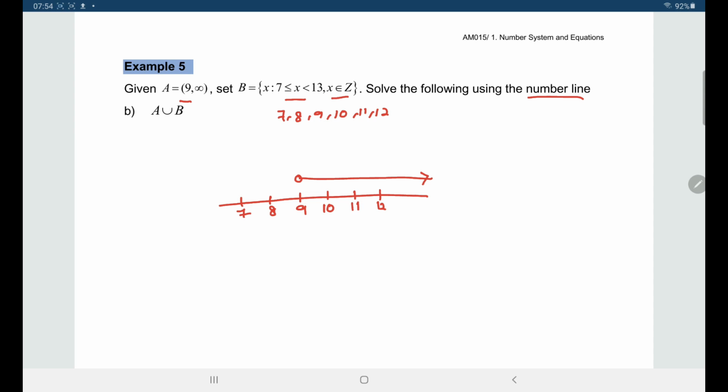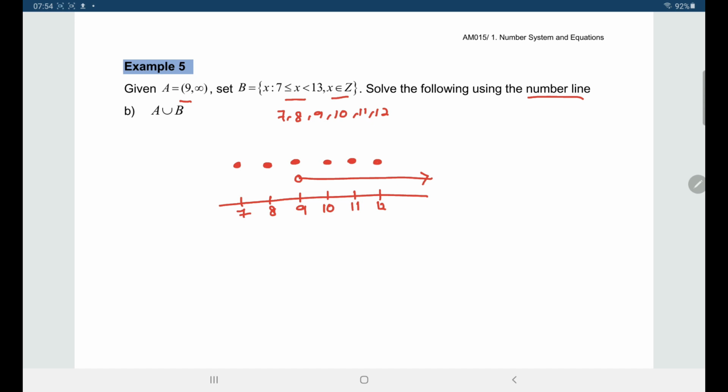Okay, for set B, it is integer form, so the values must be number 7, 8, 9, 10, 11 and 12.